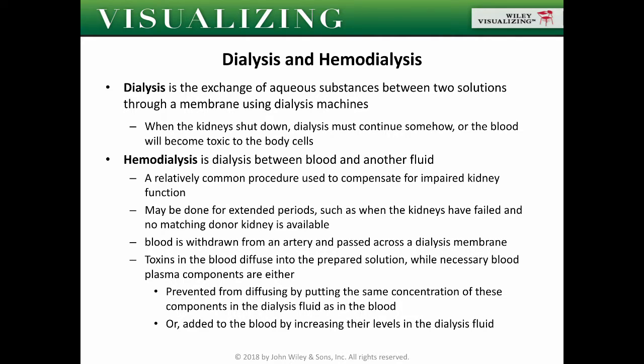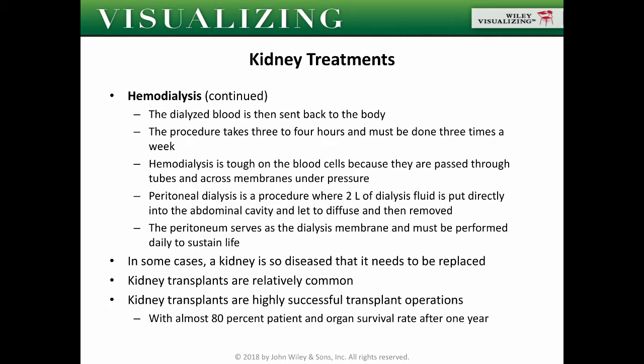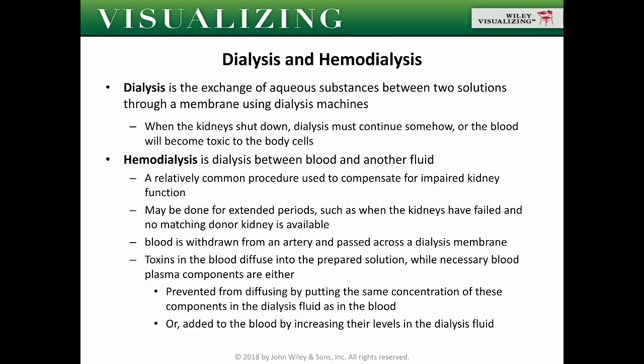Toxins in the blood diffuse into the prepared solution, while the necessary blood plasma components are either prevented from diffusing by putting the same concentration of these components in the dialysis fluid, or added into the blood by increasing their levels in the dialysis fluid. This is actually quite difficult, because you must know the exact concentration that must be removed or added back into the blood.